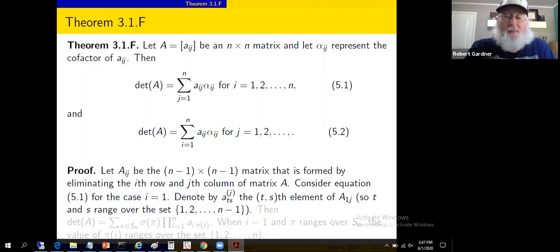Here's the big problem. The only difference between this matrix, A sub 1j, and matrix A is that we've eliminated the first row of A and the jth column of A to produce this matrix, right? We took i equal to 1, so it's the first row that's been eliminated, and the jth column. But there isn't a whole lot of difference between matrix A and this minor matrix.